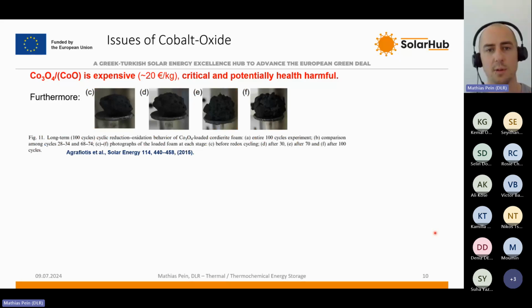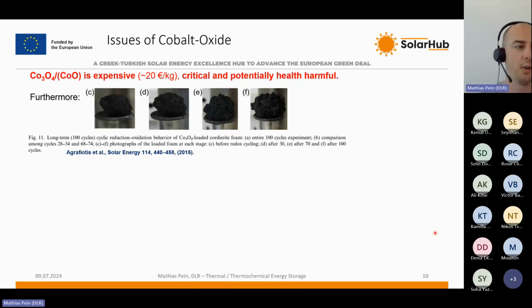So these materials in such energy storage or thermal storage devices need to be able to withstand a huge amount of cycles, because whenever you charge and discharge such a storage device, there's a large temperature gradient that has to be covered. So in the range of 1,200 degrees down to 600 degrees for a charging and discharging cycle.